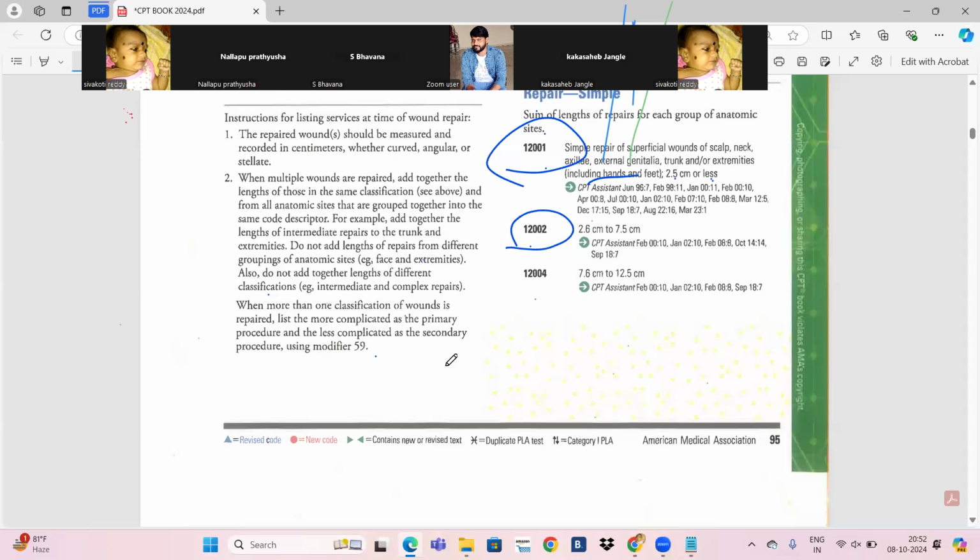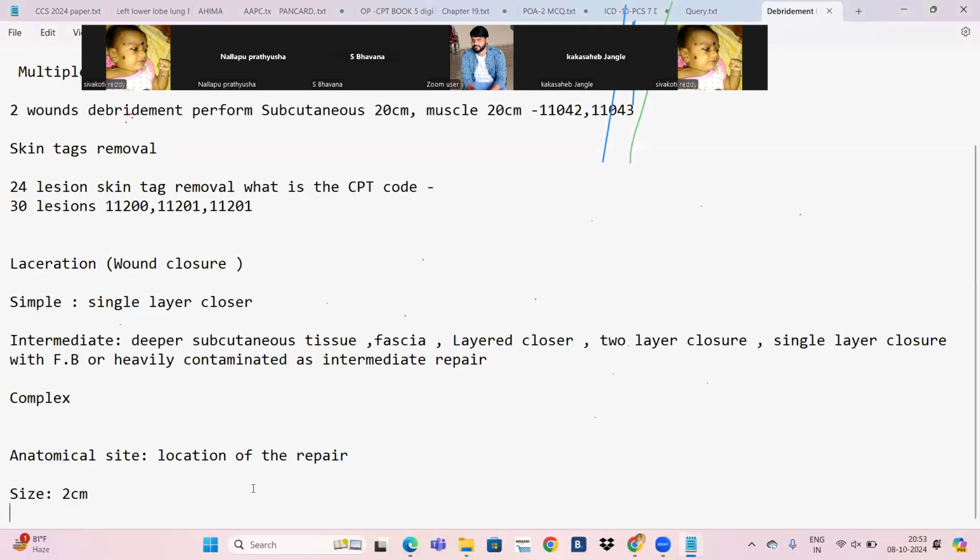So, physician performed a 1.5 centimeter laceration on the chin. Location was chin, 1.5 centimeters. Closed with single layer closure.